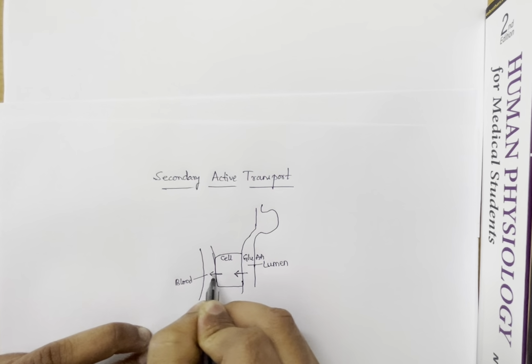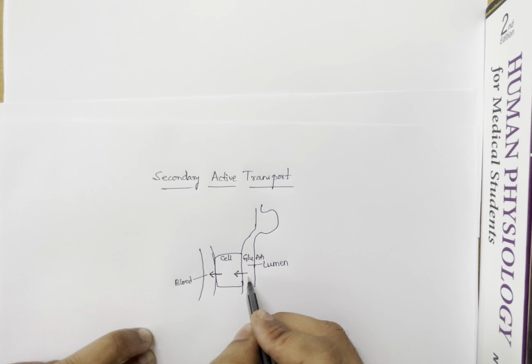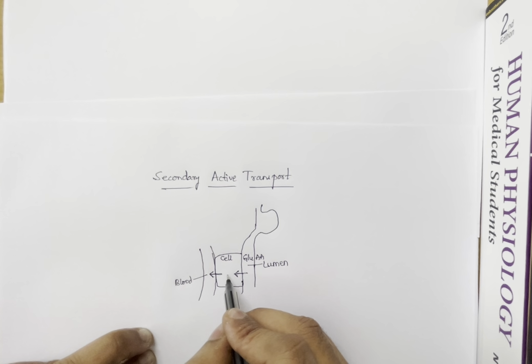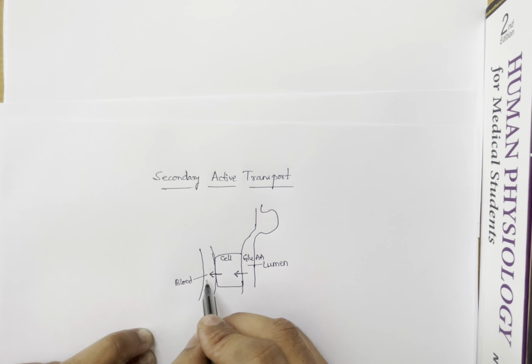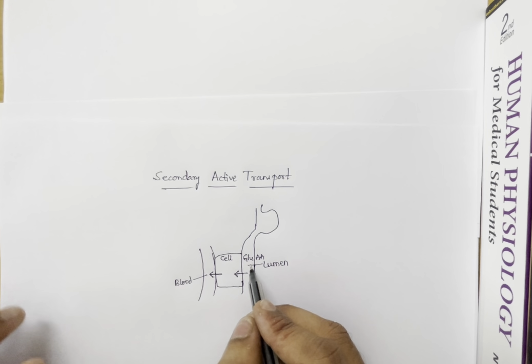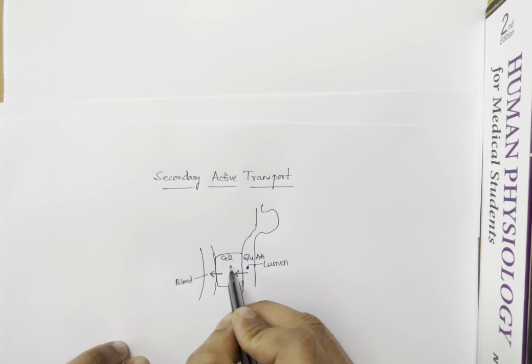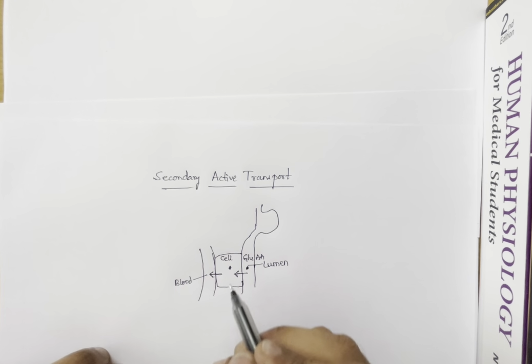Let us explain now. So digested products like glucose or amino acids from the lumen of the intestine, how do they enter the intestinal epithelial cell, and from the intestinal epithelial cell how do they reach the capillaries or blood? So the transport of glucose or amino acids from the lumen to the cell is by the secondary active transport mechanism.